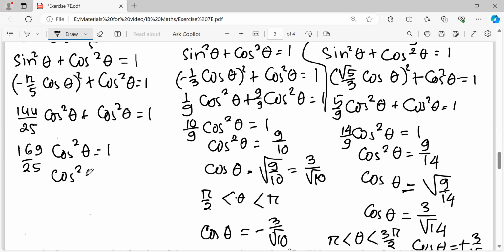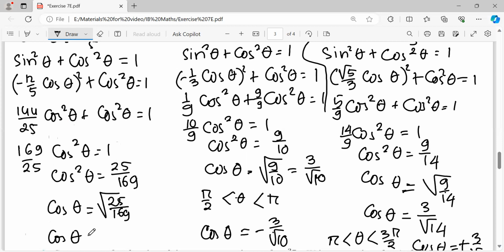So cosine squared theta equals 1 times 25 over 169. So cosine theta equals square root 25 over 169, so cosine theta equals 5 over 13.